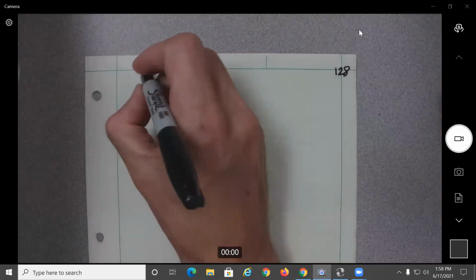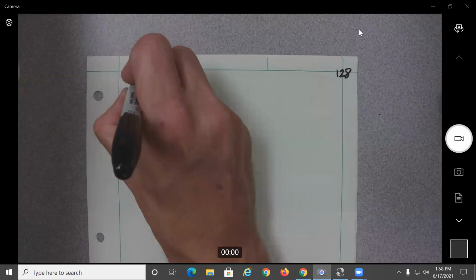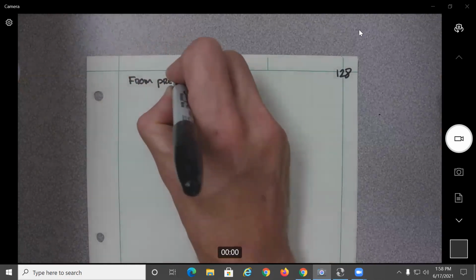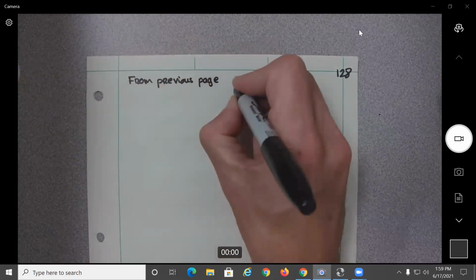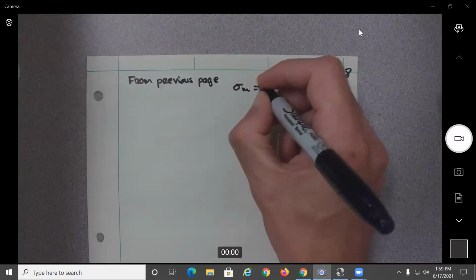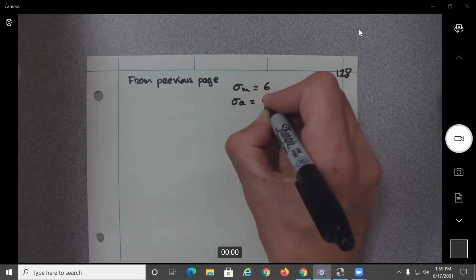Okay, so what does that mean? So let's recall what we got from the previous page. We have that the mid-range stress is 6, and that the alternate stress is 4.